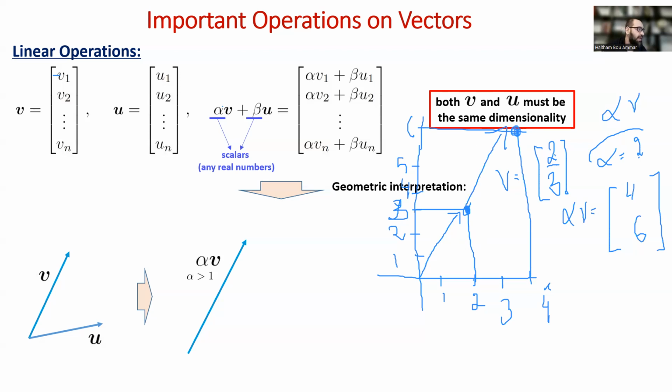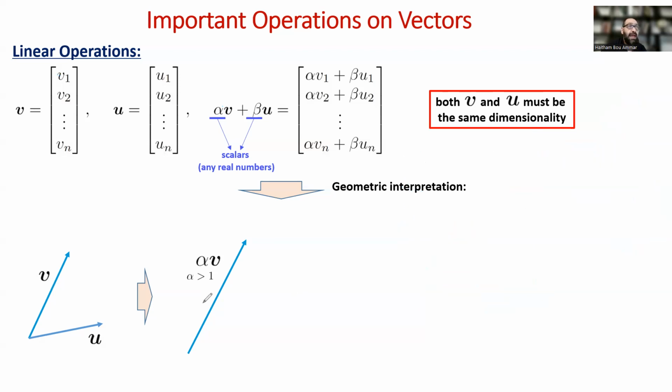So that's exactly what's happening when we multiply by alpha, where alpha is positive. You take this value and you just expand it; the direction doesn't change.